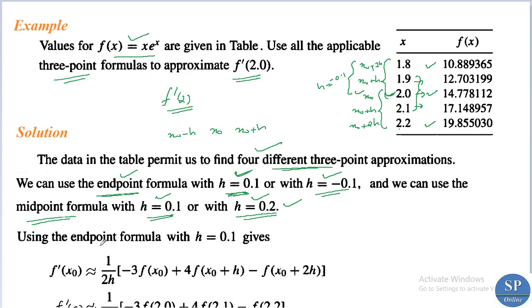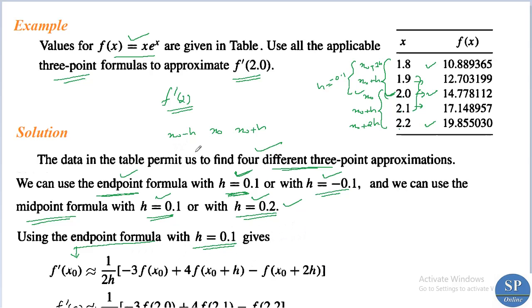Okay, so first we can approximate the value of f dash of 2.0 using the endpoint formula with h equal to 0.1. We know the endpoint formula is given by f dash of x naught is approximately equal to 1 by 2h into minus 3 into f of x naught plus 4 into f of x naught plus h minus f of x naught plus 2h.